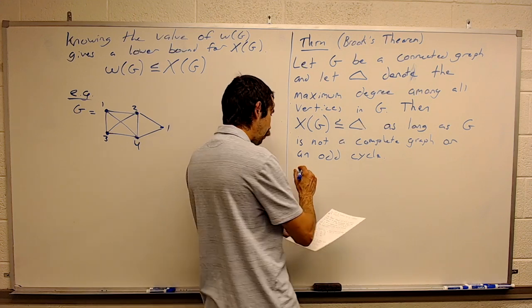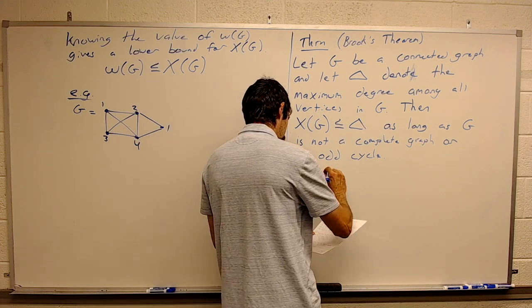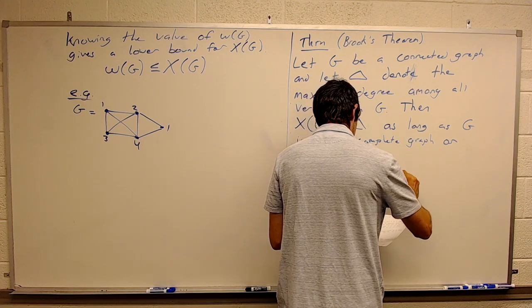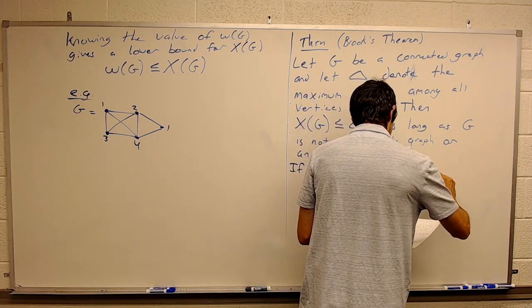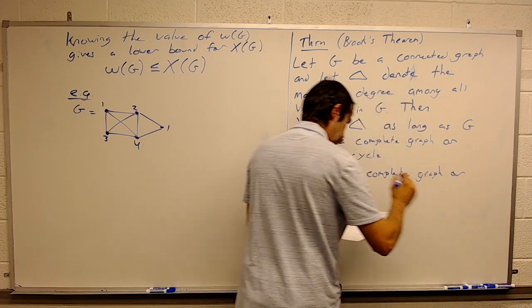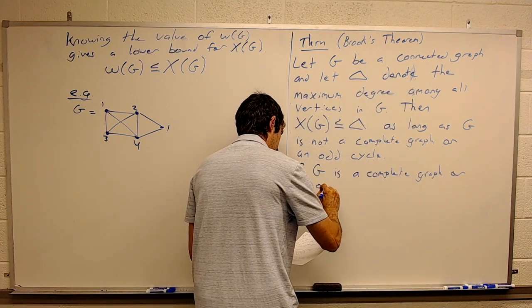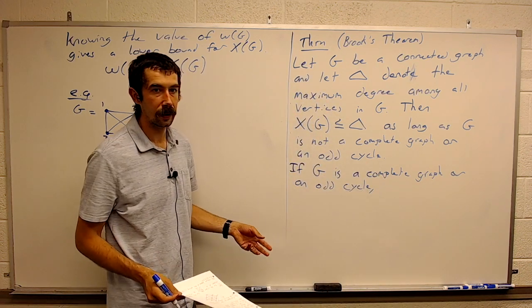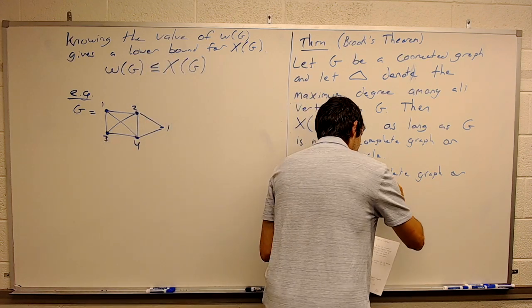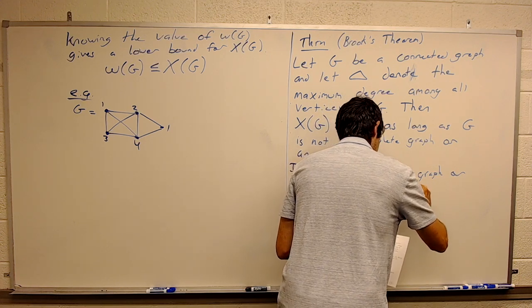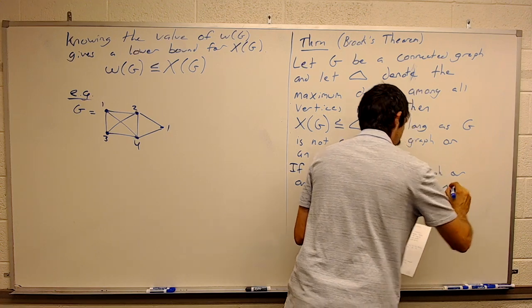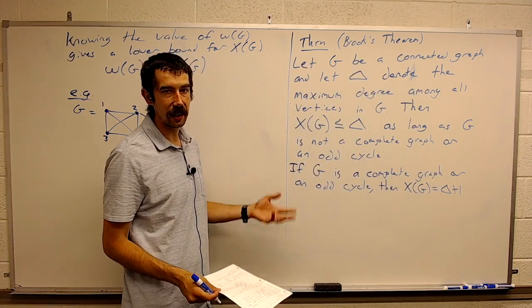So it says if G is a complete graph or an odd cycle, then the chromatic number is delta plus 1.